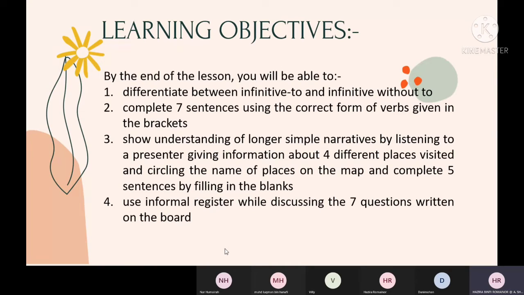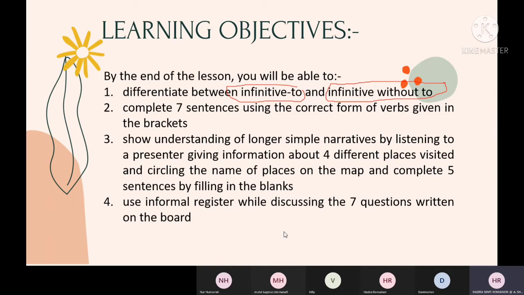By the end of the lesson, you will be able to differentiate between infinitive with to and infinitive without to. So later we are going to learn about infinitive and infinitive without to. Next, you will be able to complete 7 sentences using the correct form of verbs given in the brackets.